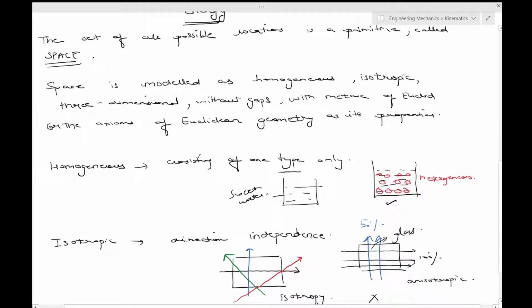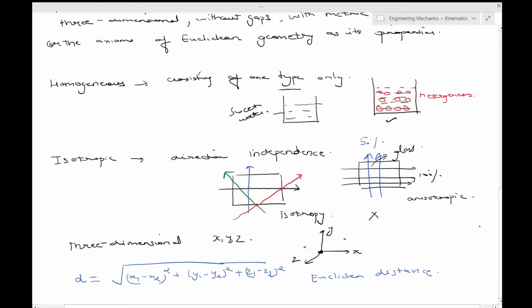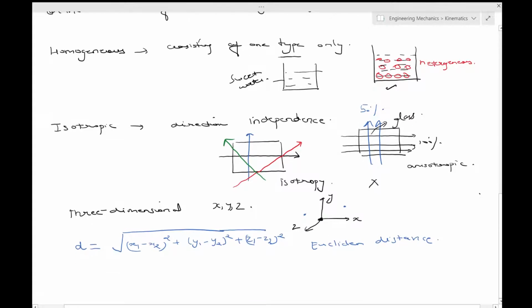This is what a complete definition of a space is. The space is modeled as a homogeneous, isotropic, three-dimensional space without gaps, with the metric of Euclid, or the axioms of Euclidean geometry, as its properties. The other important definition is that a space is absolute. And what was space, if you remember?